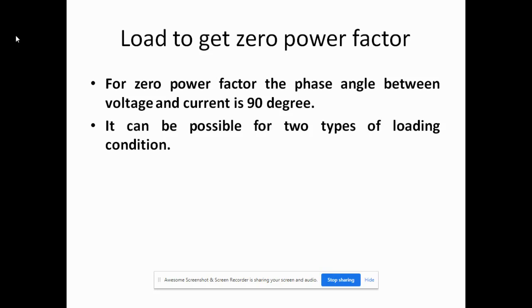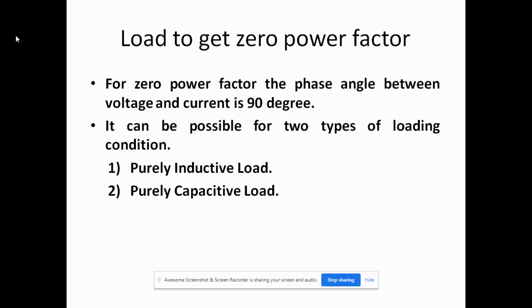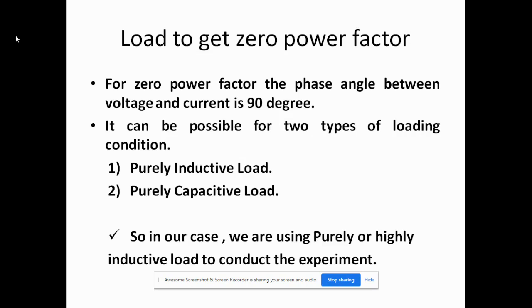As I have already told, there are two types of loading conditions for which we get a zero power factor: either a purely inductive load or a purely capacitive load. In this experiment, we are using a purely or highly inductive load to conduct the experiment.